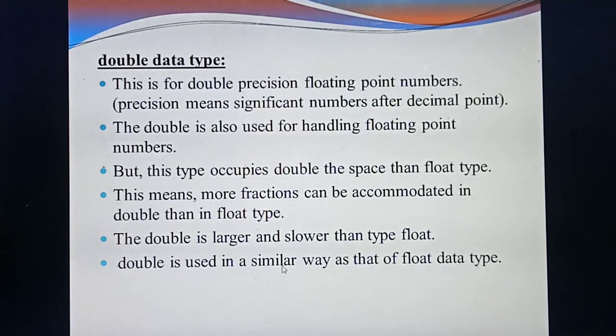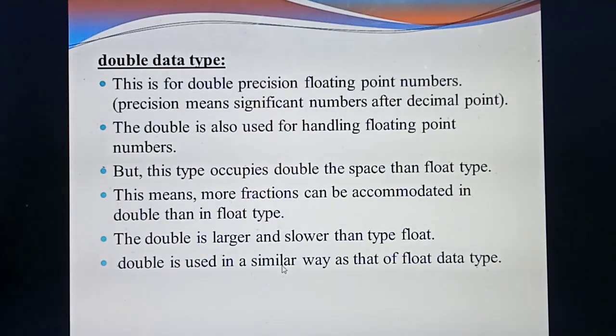Each and every data type is very important, so you should compare and study each data type. Understood? So what have you studied in the double data type? If you need to represent precision, that means significant digits after the decimal point, which data type should you use? The double data type.